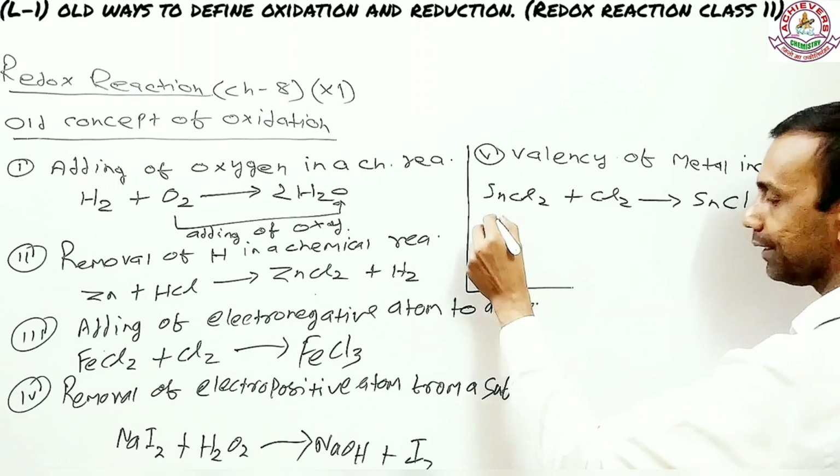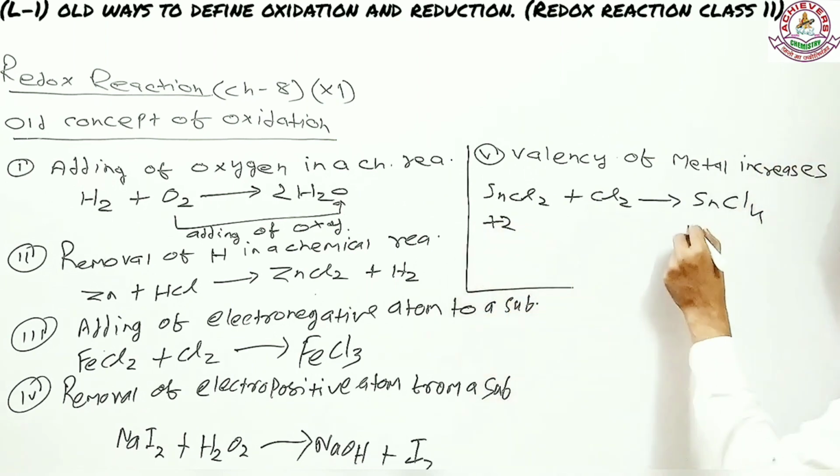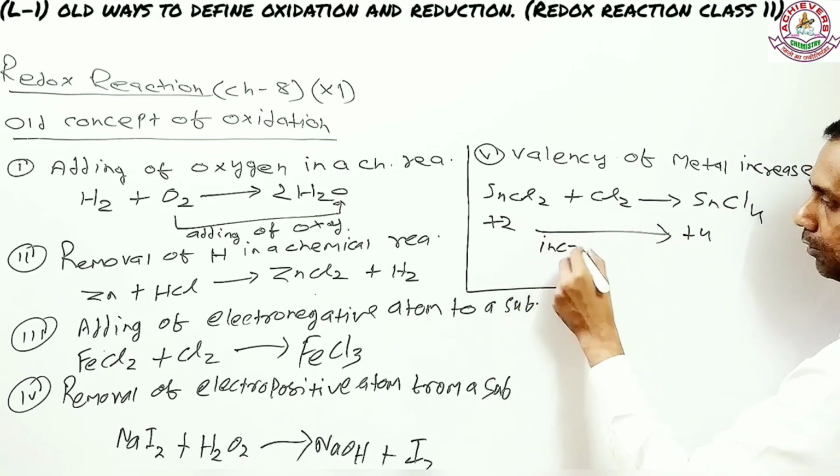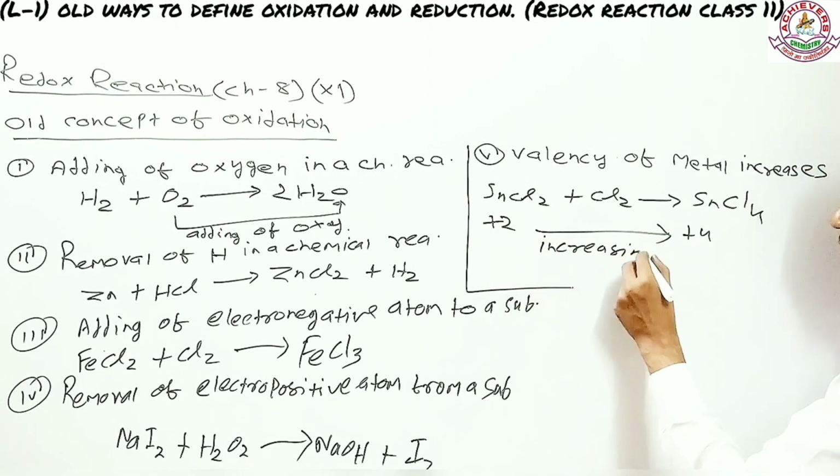So what you see out here is that the valency here is +2, but then it is +4. So what is happening? It is increasing. So this is also how you can define oxidation.